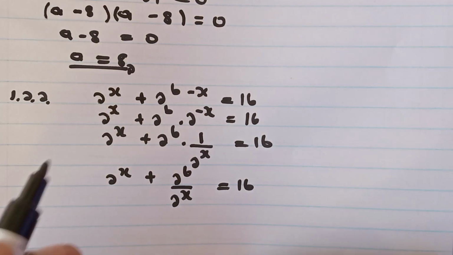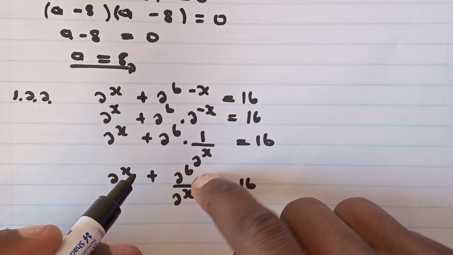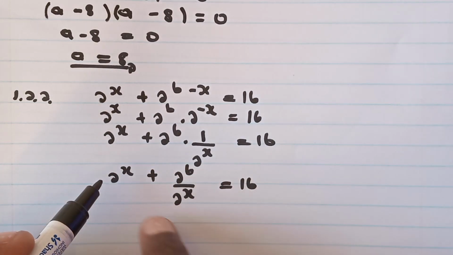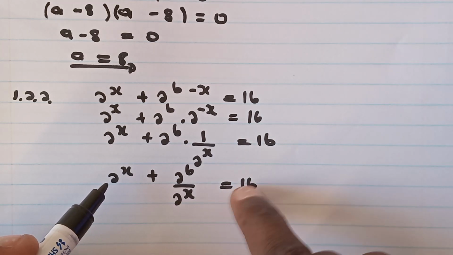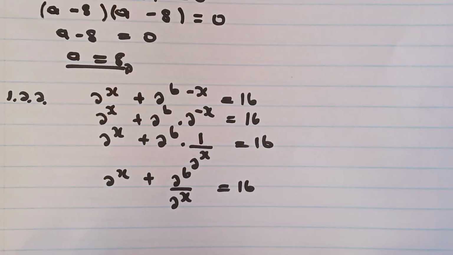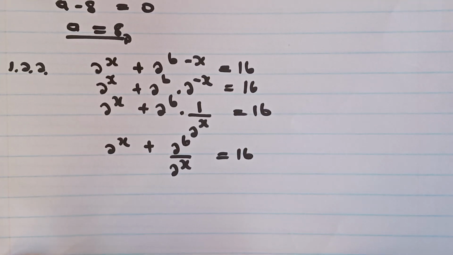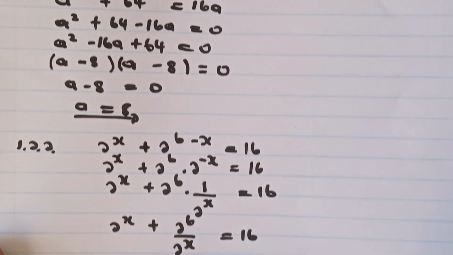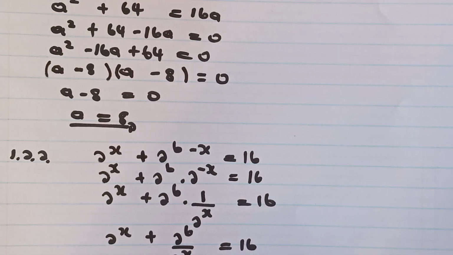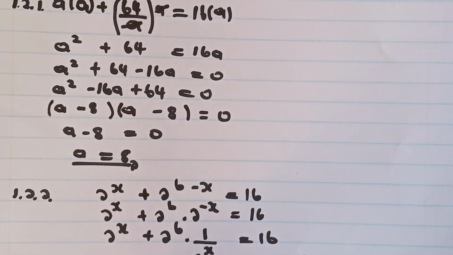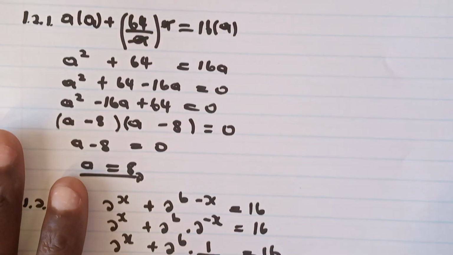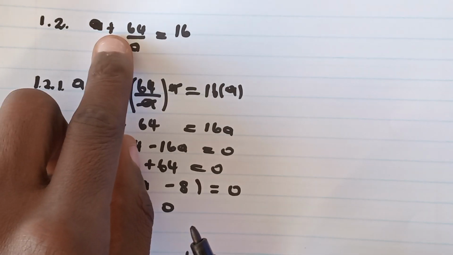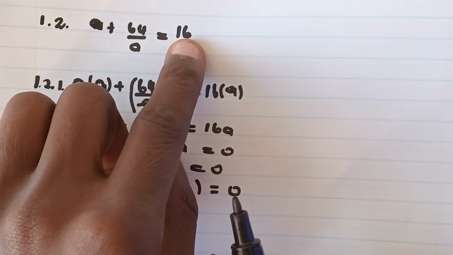Okay, now we can see that here is 2 to the power 6, and here is 2 to the power x, and here is 2 to the power x, here is 16. And if you recognize, in the previous question we have met something like this, whereby the previous question says a plus 64 over a is equal to 16.